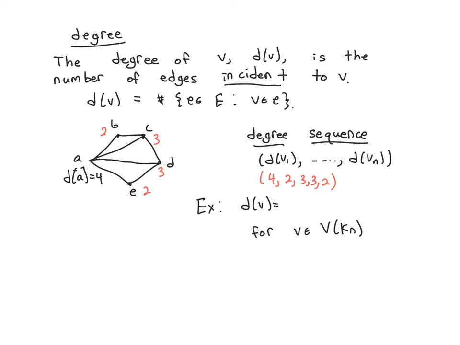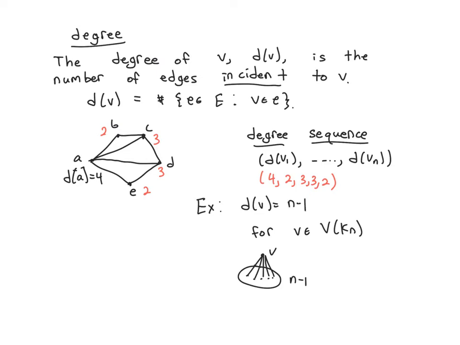As another example, if we look at the complete graph and take any vertex in the complete graph, it is adjacent or incident to all other vertices. So there are n-1 vertices in the graph that aren't V, and it has an edge to each of them, so it is incident to n-1 edges.